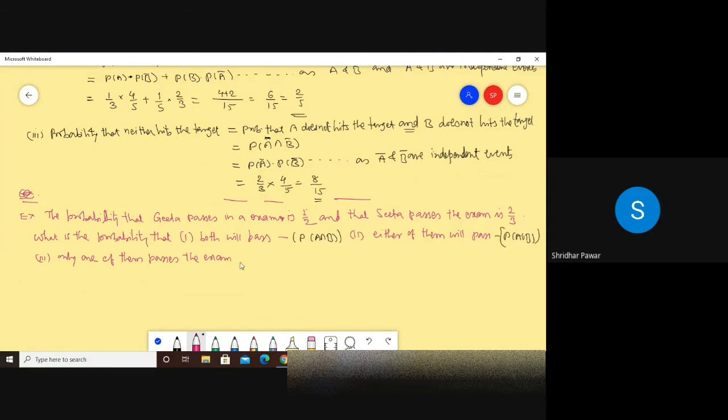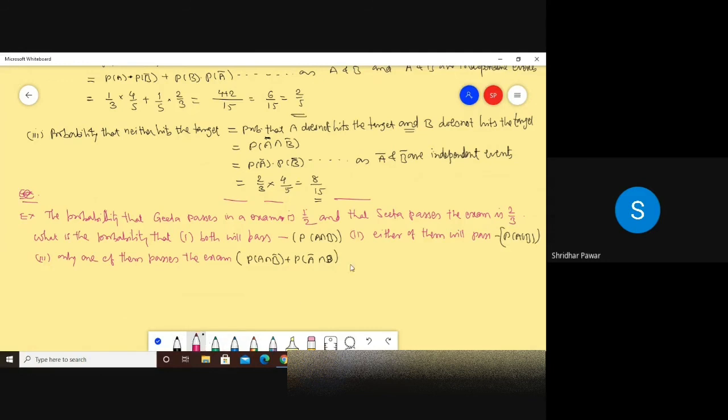P of A intersection B bar plus P of A bar intersection B.